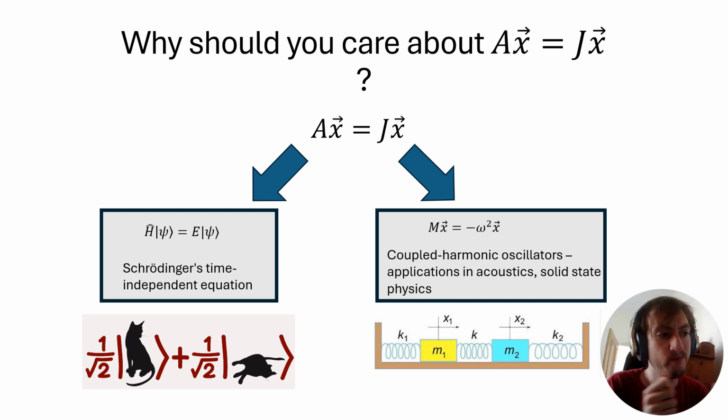So M is a matrix which depends upon K. And different springs can have different values of K, if you like. X is a vector, and the components of this vector are the amplitude of the oscillation of the masses.